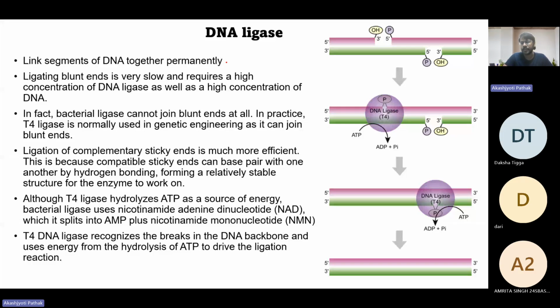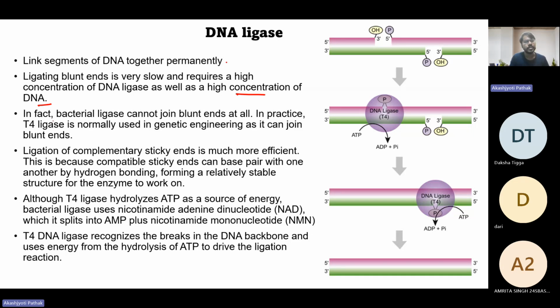But if you want to join DNAs with blunt ends, you need a very high concentration of your insert. If you increase the concentration of your insert, there is a high probability that your gene of interest will be in close contact with your vector. That is why you require a very high concentration of DNA.